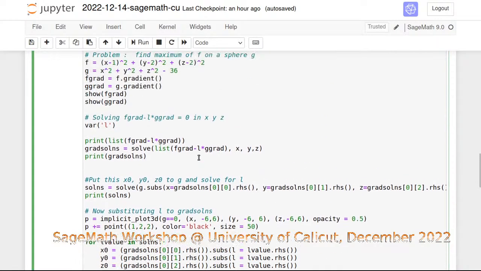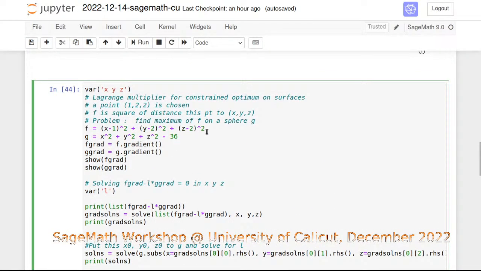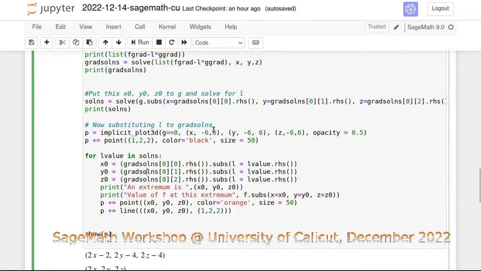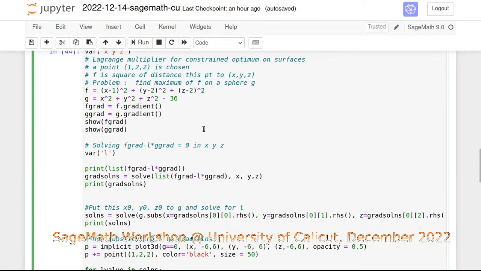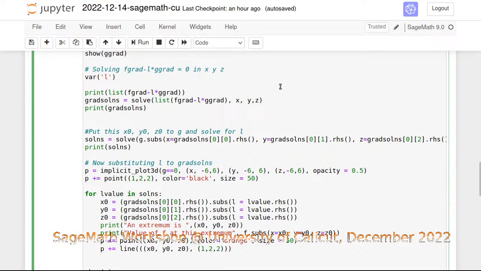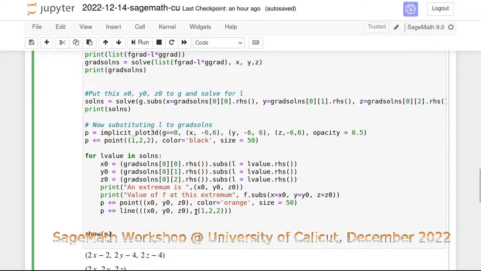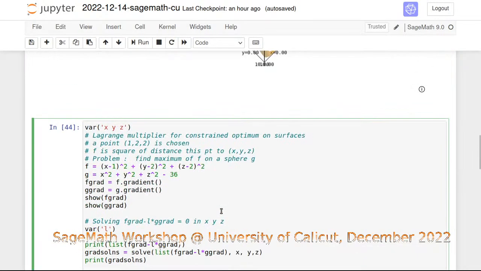I can immediately change this point 1, 2, 2, but instead of writing 1, 2, 2 here, maybe had I written some PTS here and taken 1, 2, 2, I can substitute PTS everywhere. The number 1, 2, 2 is hard coded now, so if I have to change the point to something else, I may have to change it everywhere.